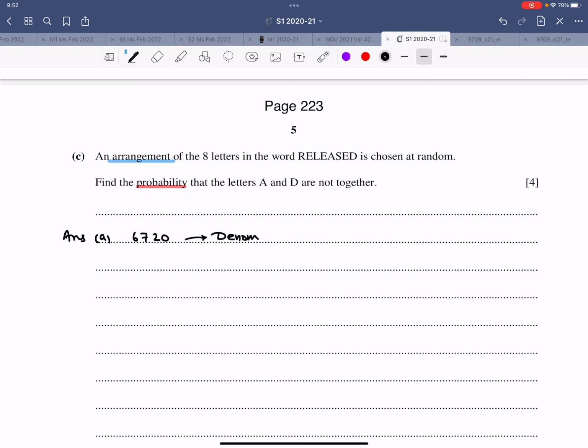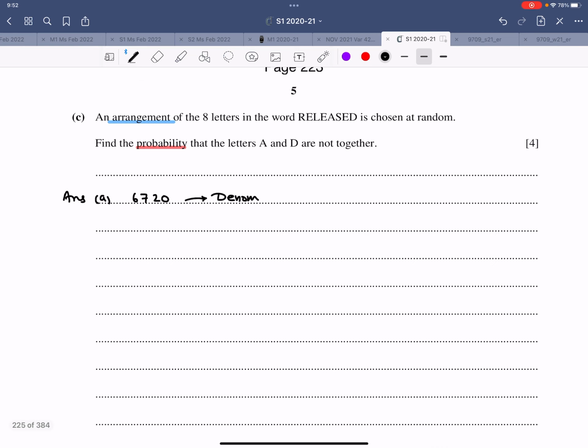A and D are not together. That means A and D are separated. So if I say A and D are separated, what do I have? I have R, E, L, E, A is separated, S and E and D. So now when we have this scenario, therefore we will write 1, and let me label it 1, 2, 3, 4, 5, 6, 7.